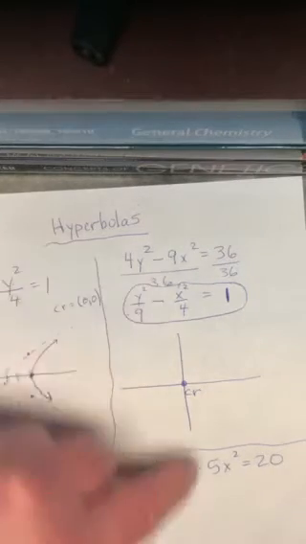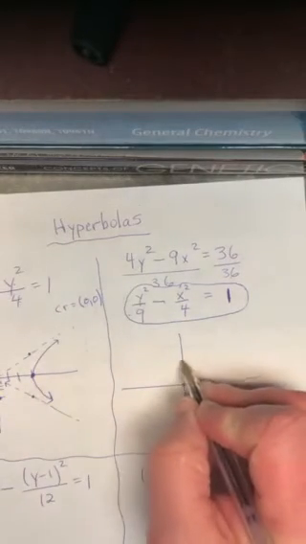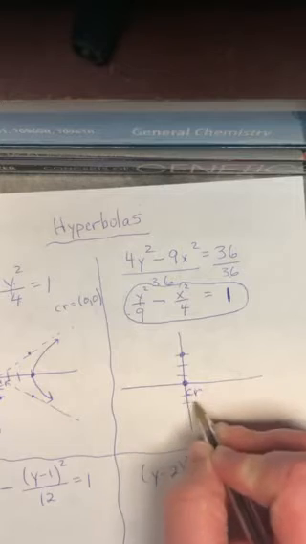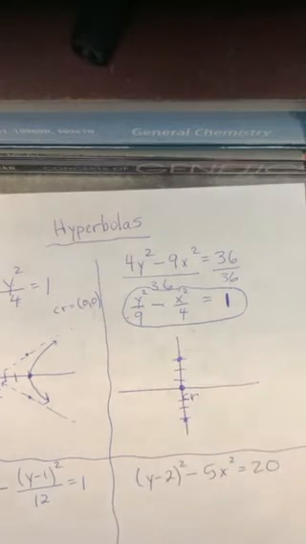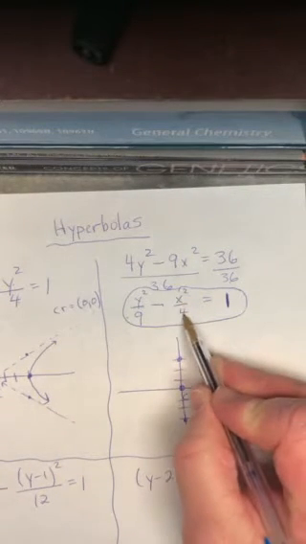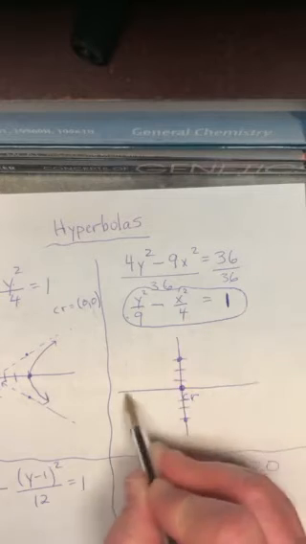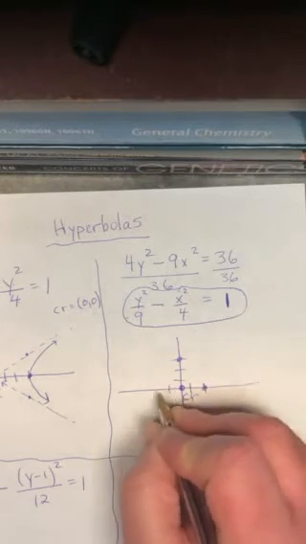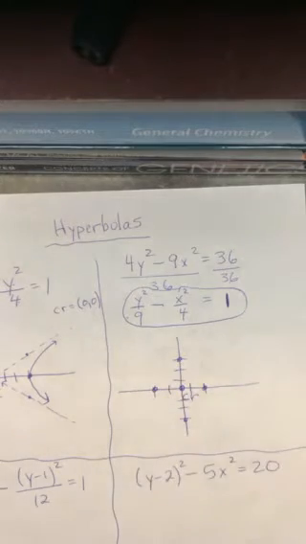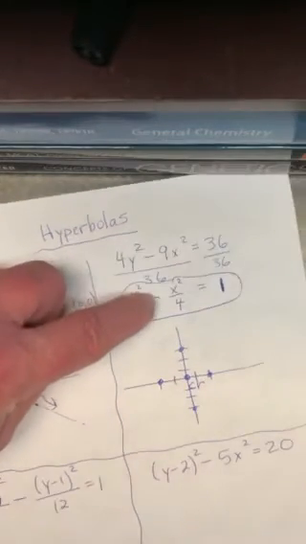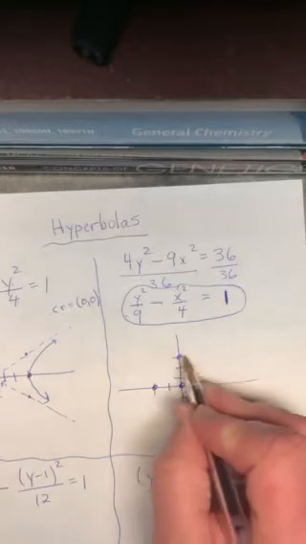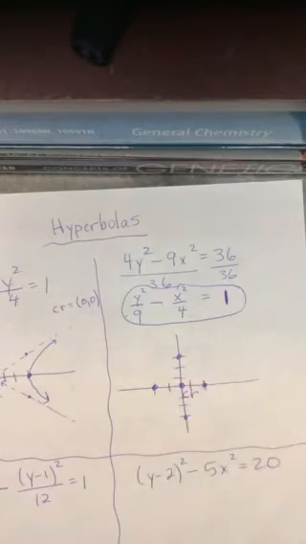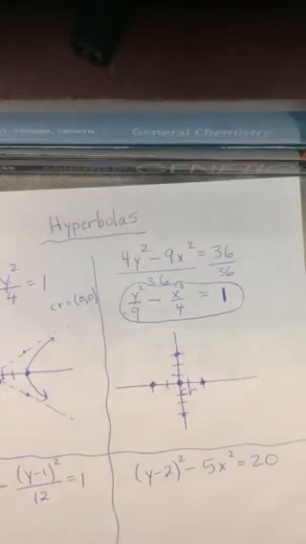Since the y-axis runs up and down, I'm going to go up 3 and down 3. The x squared has a 4 under it, and since the x-axis runs left to right, I'm going to go right 2 and left 2. Again, if there would have been a plus in the middle, I'd connect those up, make my ellipse, and I'd be done, like the easy stuff we did yesterday.